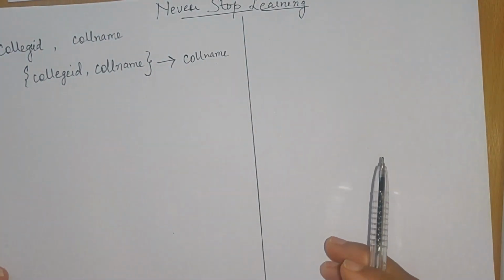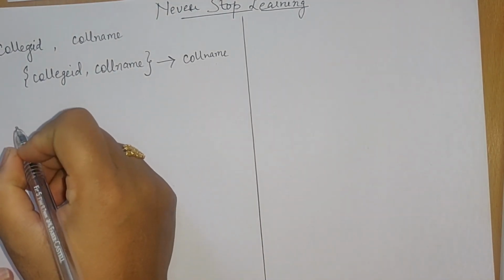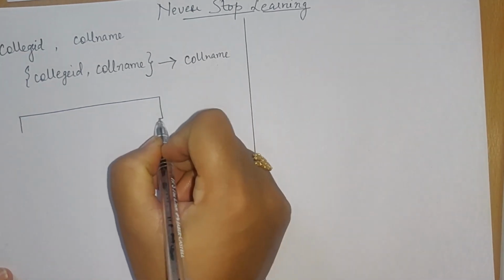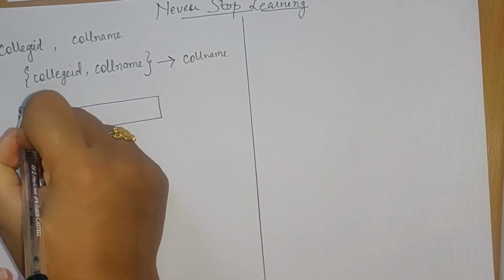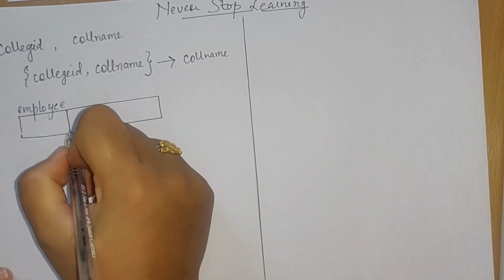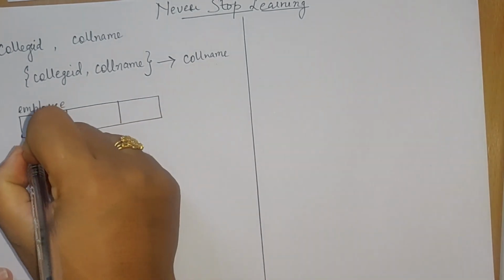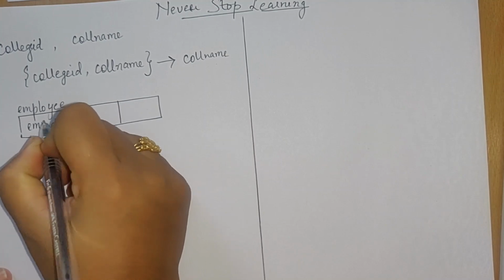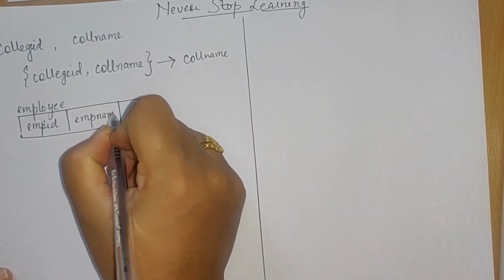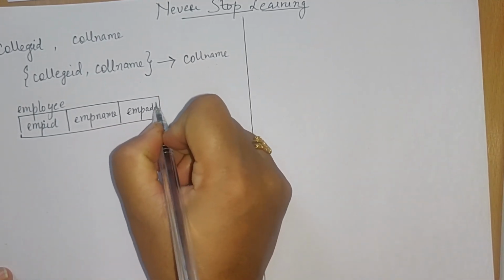If we take an example, let us suppose we are having employee table, and in this employee table we are having three attributes. One is employee ID, another is employee name, and here I am having employee address.